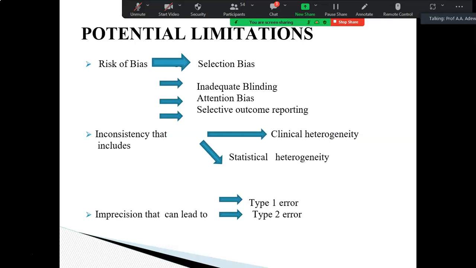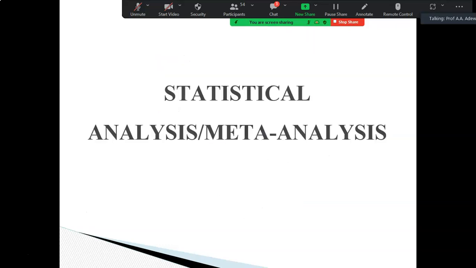Some studies are done in adults, some in adolescents, some in very old age, some even in children, adolescents and old age together. So there is always this problem of heterogeneity in our studies. By the time they pull all those things together, all these will make our systematic review limited in application. Then imprecision, which can lead to type 1 error or type 2 error.